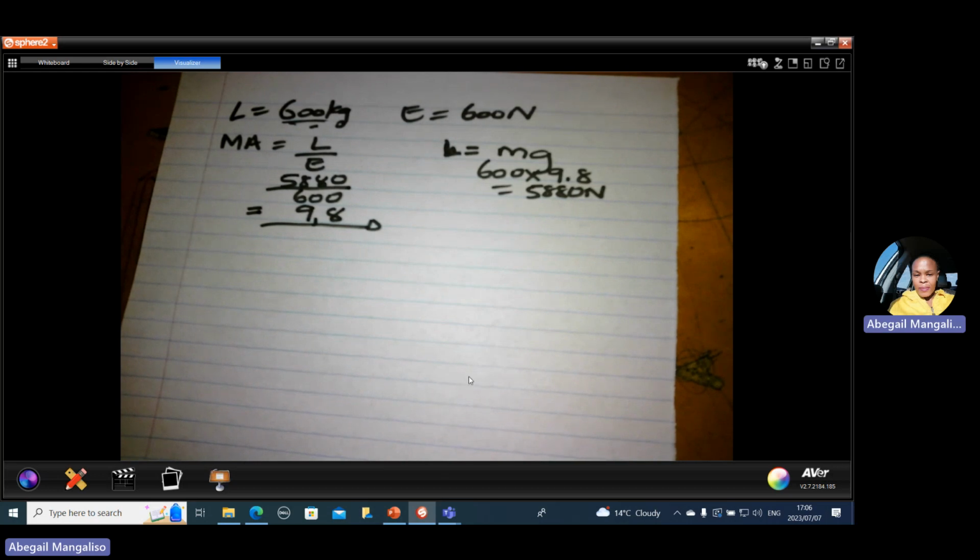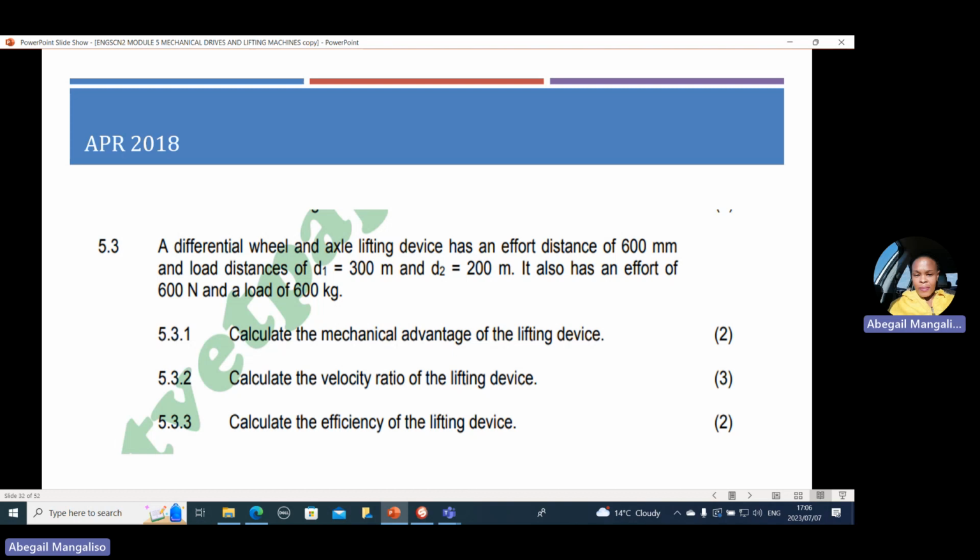The second question says calculate the velocity ratio of the lifting device. This is the differential wheel and axle. It has 3 diameters. But in this question, they are not given as diameters, they are given as distances. So when a drum rotates, or when a shaft rotates, it covers the circumference. You are given the circumference in this question.